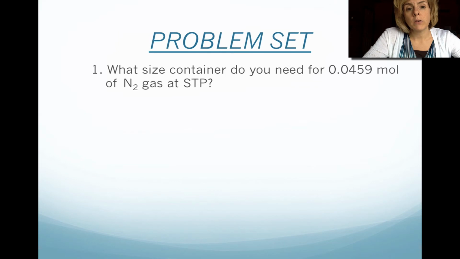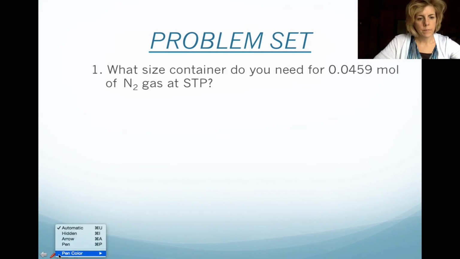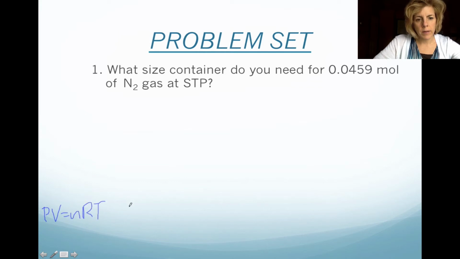Okay, so what I want to do is go over a problem with you. Using the ideal gas law, we're going to use the following equation: PV equals nRT. Because it says STP, our pressure is going to be 1 atm. We don't know the volume, so I'm putting V. The number of moles is 0.0459.